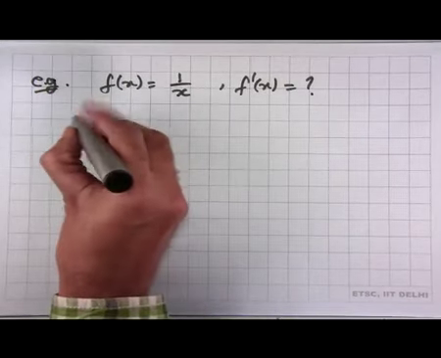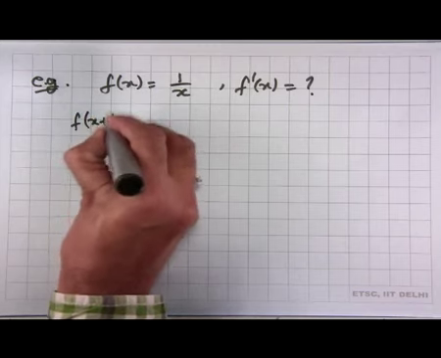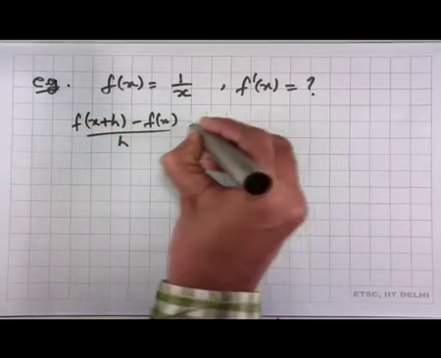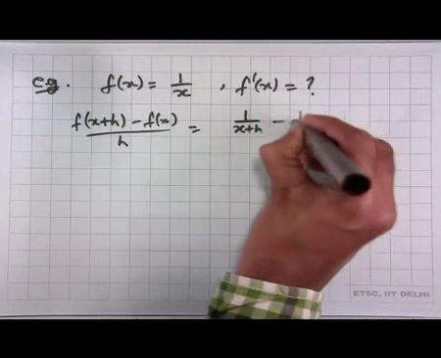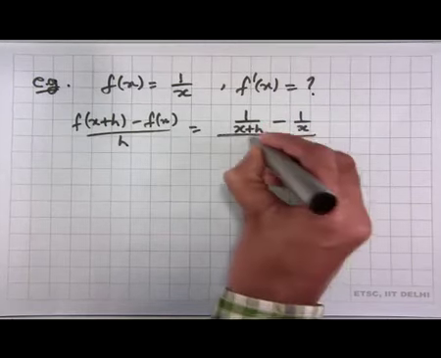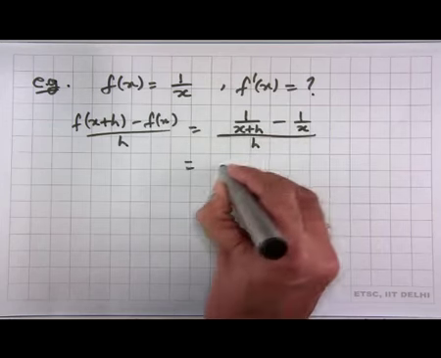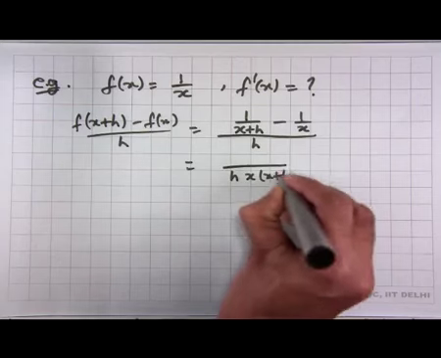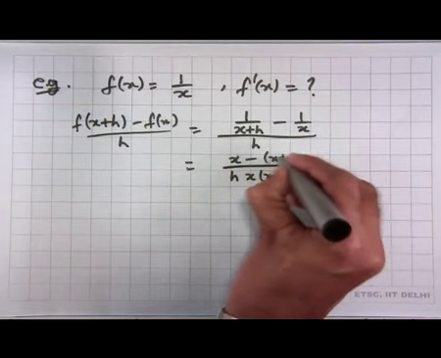So, if we look at f of x plus h minus f of x divided by h, this is equal to 1 by x plus h minus 1 by x, divided by h, and then if you simplify this, you get h times x plus h in the denominator, and the numerator is x minus x plus h.